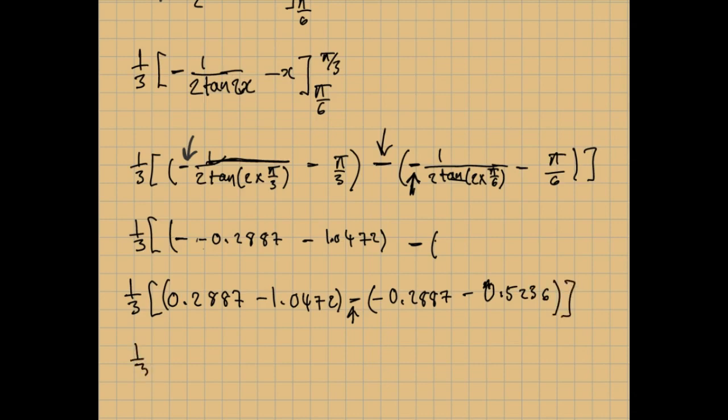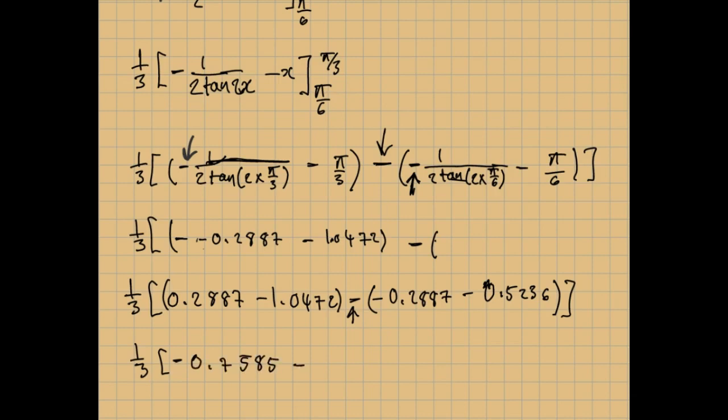So it's going to be 1/3 multiplying 0.2887 minus 1.0472, and you get negative 0.7585.